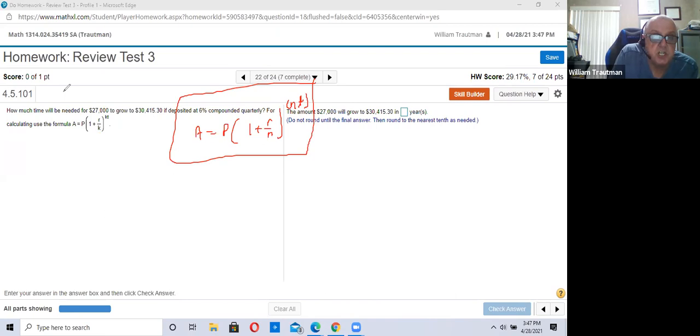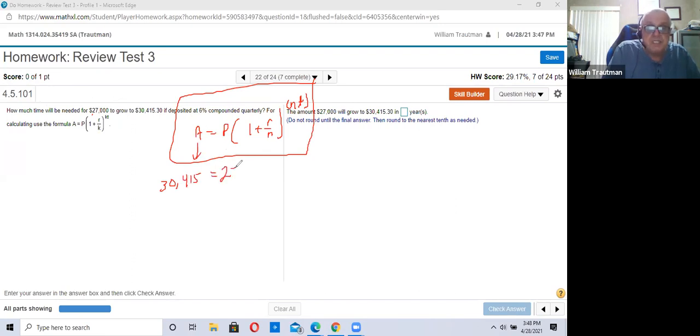It says how much time will be needed, and this is the toughest question on the test, I think. It's on the test, so you've got to be able to do this. There is a question help here, and it tells you how to do it. On the test, it says how much time will be needed for 27,000 to grow to 30,415? This is the future value. You want 30,415 in the future.